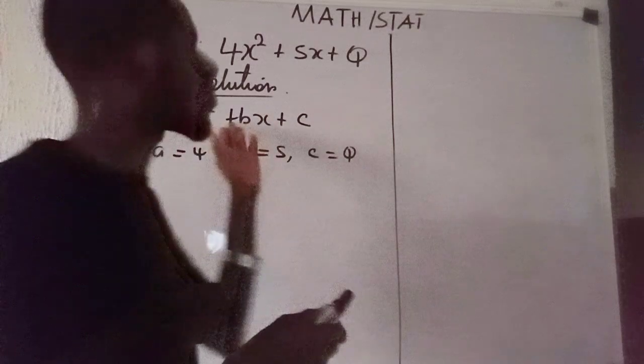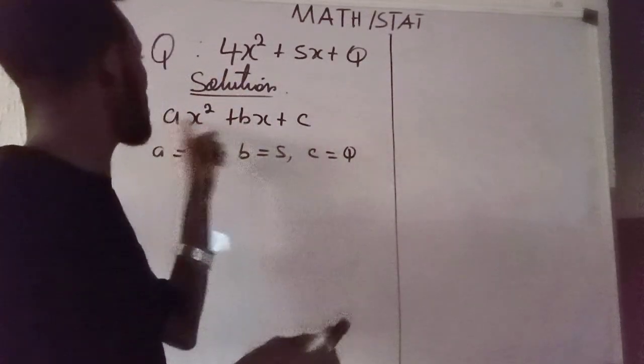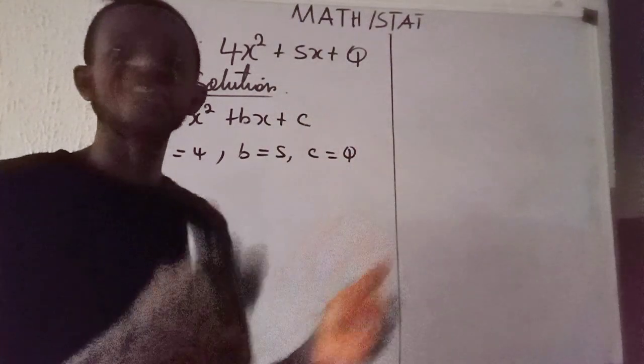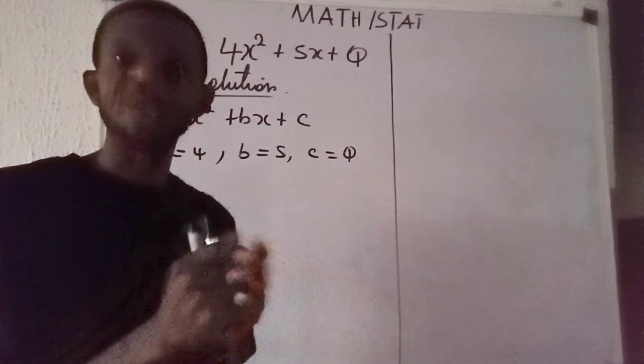So having written the quadratic expression, we were able to know the values of a, b, and c from the expression given to us. The next thing is to recall the general quadratic formula.